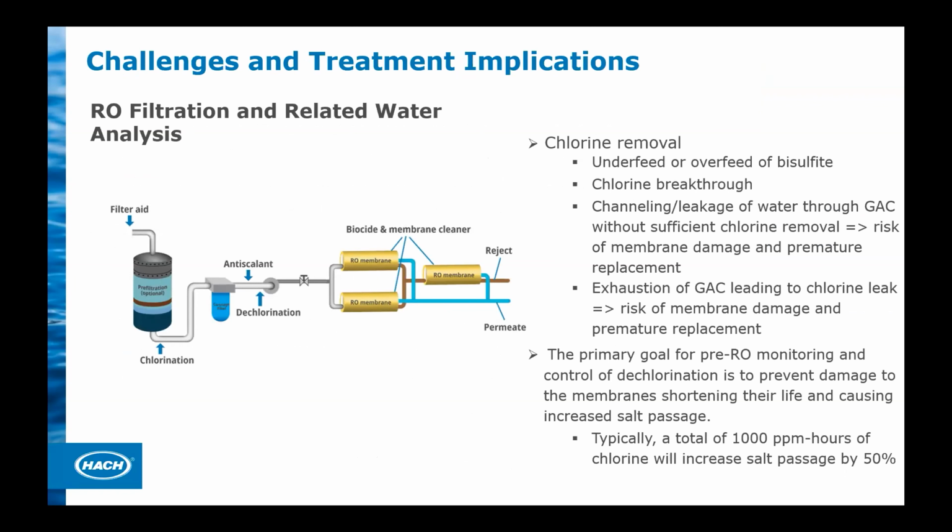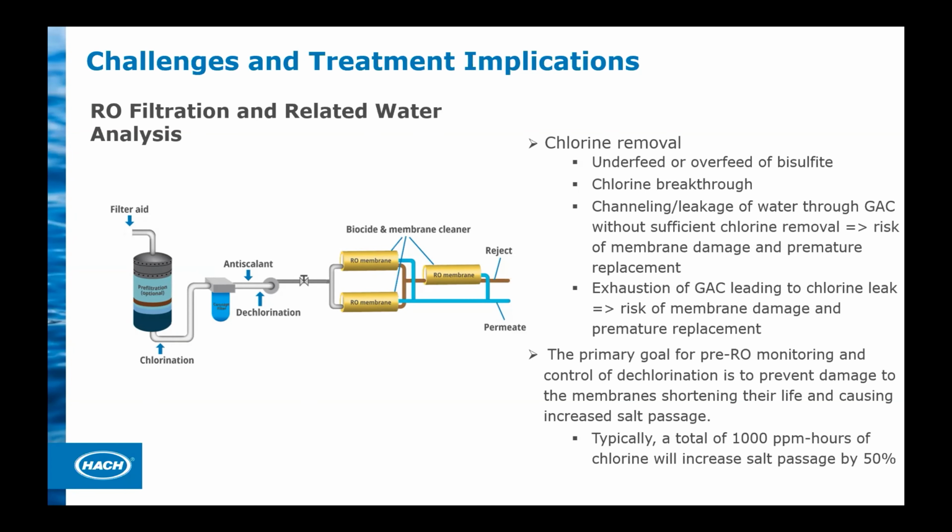Well, here we see a general schematic of the RO filtration process, and we have summarized the challenges we are seeing. This can be the underfeed of sulfite, causing permit violations. Underfeed of sulfite can also cause membrane damage from chlorine.